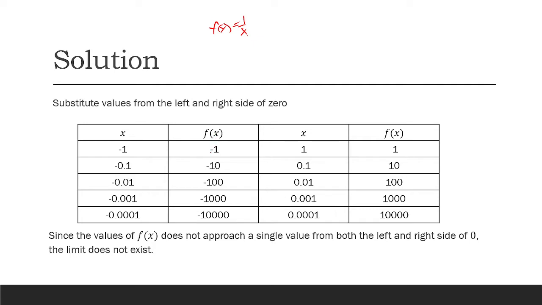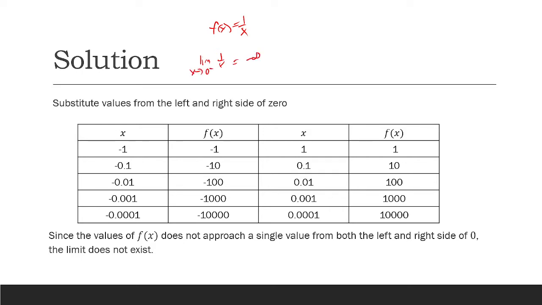So from negative 1 to negative 10 to negative 100 up to negative 10,000. And if we go for a value of x that is much, much closer to 0, we will arrive at bigger values of f of x in the negative direction.